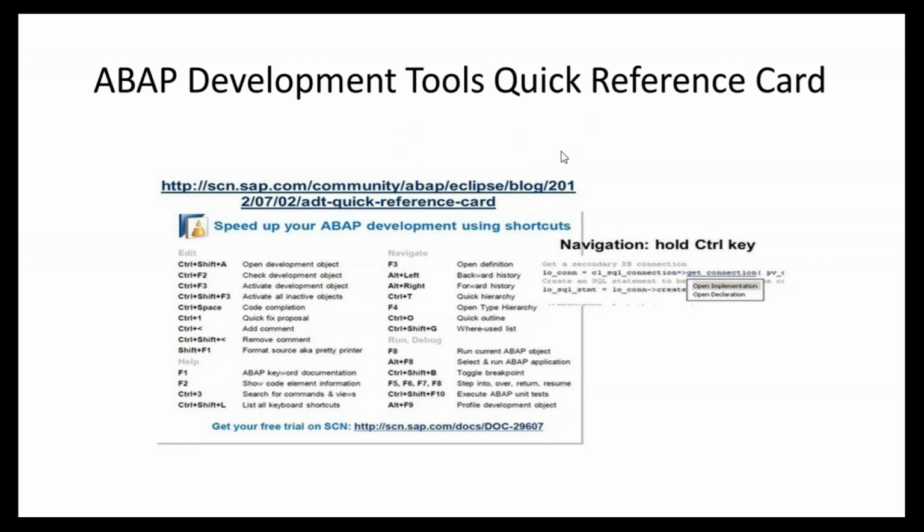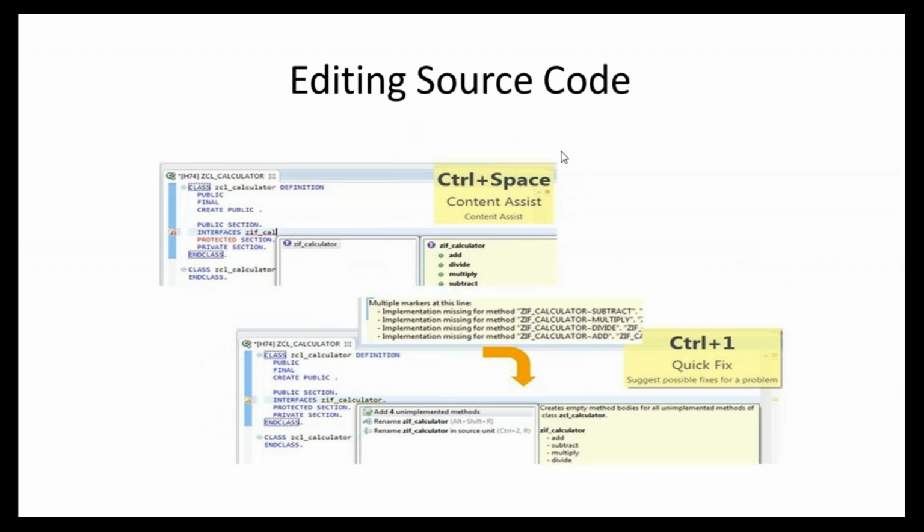ABAP Development Tools quick reference cards. Editing sources: if you press Control plus Space, you will get the options in the drop down. You'll get the options of what can be done. If you press Control plus Space while typing field names, the field names will automatically appear. And then we have Control plus 1 for quick fix.